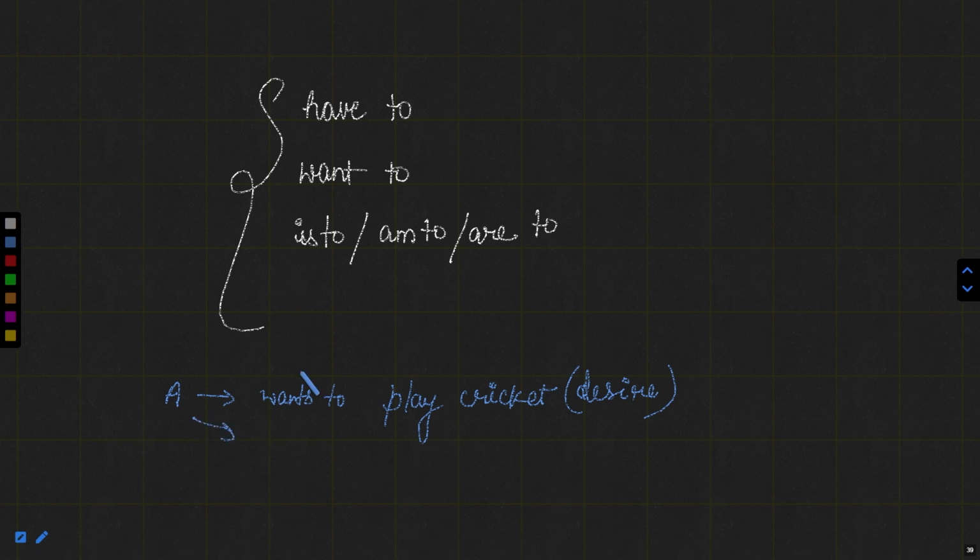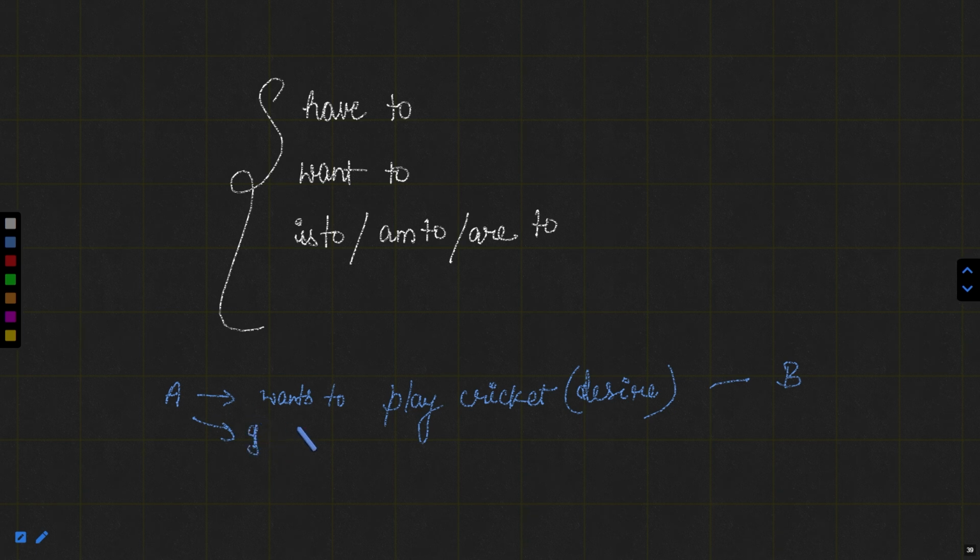What did he say to his friend? Now A and B are talking with each other, and B asks him to play. So he said, yes, I want to play cricket. But what can he do? He has to do his duty.